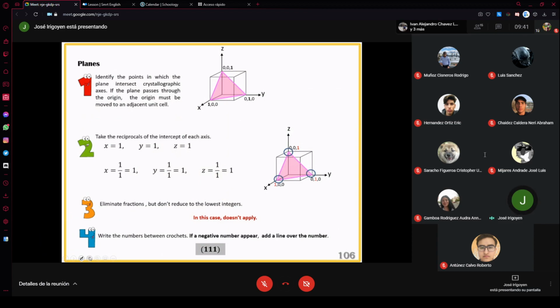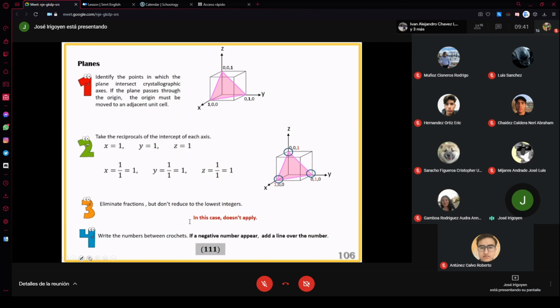In order to obtain the Miller index for a plane, in this case in cubic cells, as a first step, we're going to identify the points in which the plane intersects the crystallographic axes. And if the plane passes through the origin, it must be moved to an adjacent unit cell.